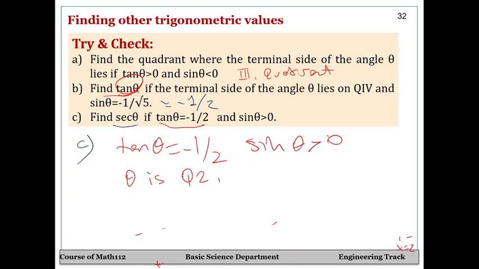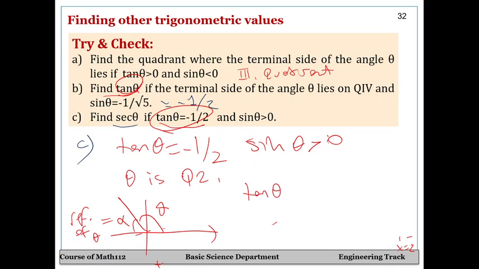Okay, and then you can set up theta here, and then alpha here. Alpha is the reference angle of theta. Tangent theta is given as minus 1 over 2, so it means tangent alpha is directly 1 over 2.